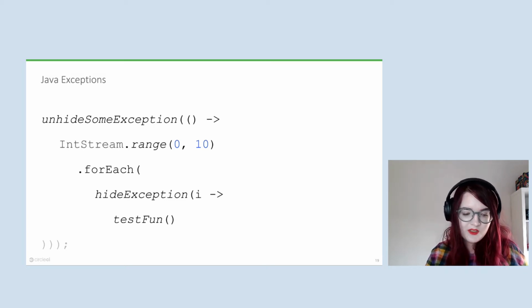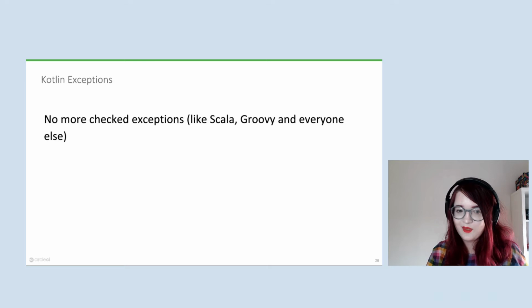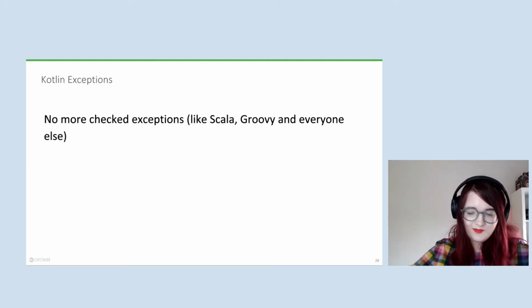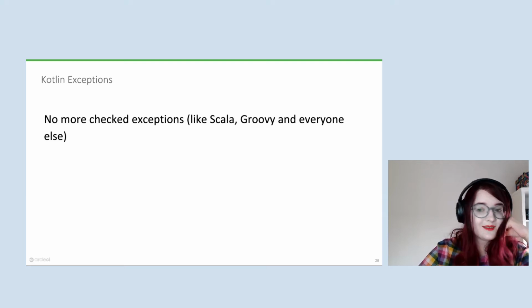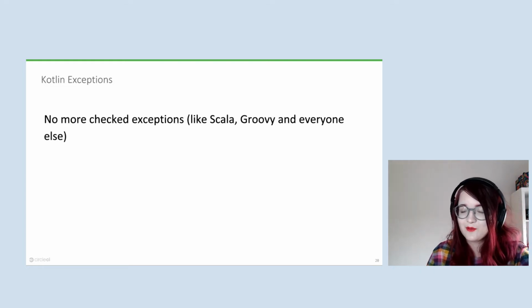Can we solve it somehow better with Kotlin, for example? Yes, we can. So no more checked exceptions in Kotlin, like by default in Scala, Groovy, and everyone else. So how would you write this exact function with stream that we've seen on one of the previous slides with stream API?